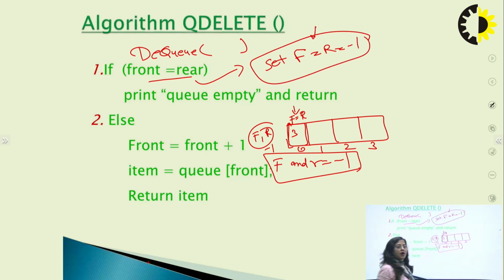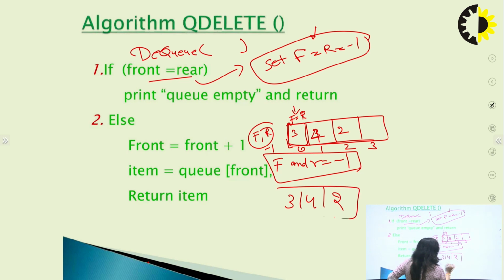Okay. Now you have some data like this, and 2. And again you want to delete, and front you want to delete here. So according to this, front is 3, 4, 2. Okay, got it. Your front is here, your delete is here.